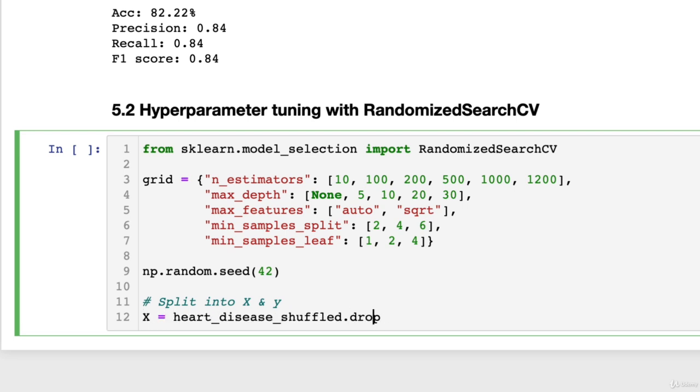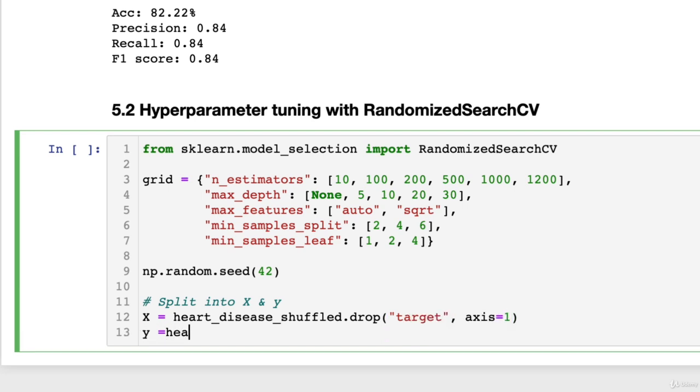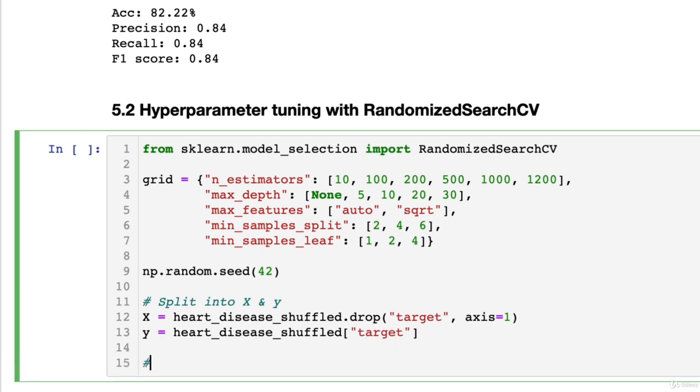Dot drop, target, axis equals 1, and we'll make y here. So heart_disease_shuffled, target. Beautiful. And we're going to split into train and test sets.